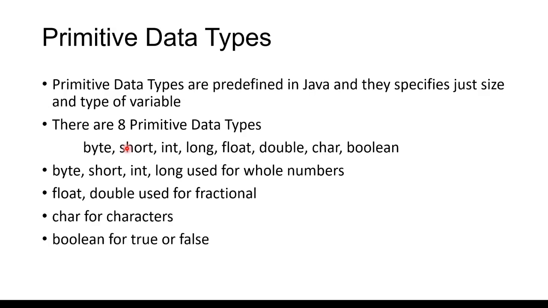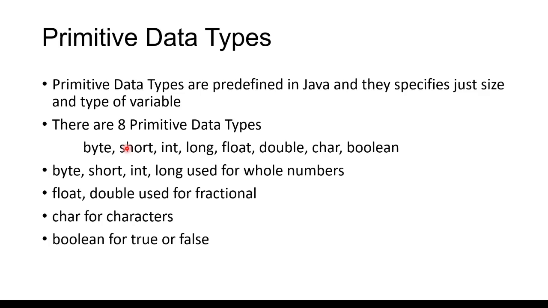These primitive data types in Java are predefined. It means whenever we install Java, we get some libraries, and these primitive data types are included in that library. We cannot create a new primitive data type. While writing a program, if you try to create a new primitive data type, it is not possible.